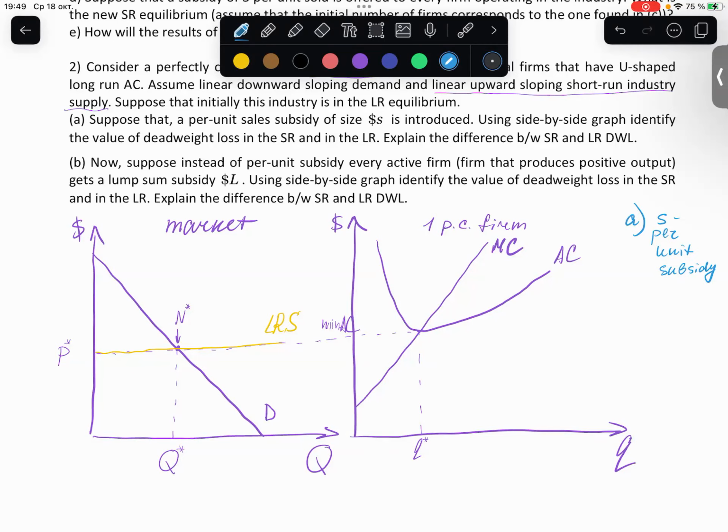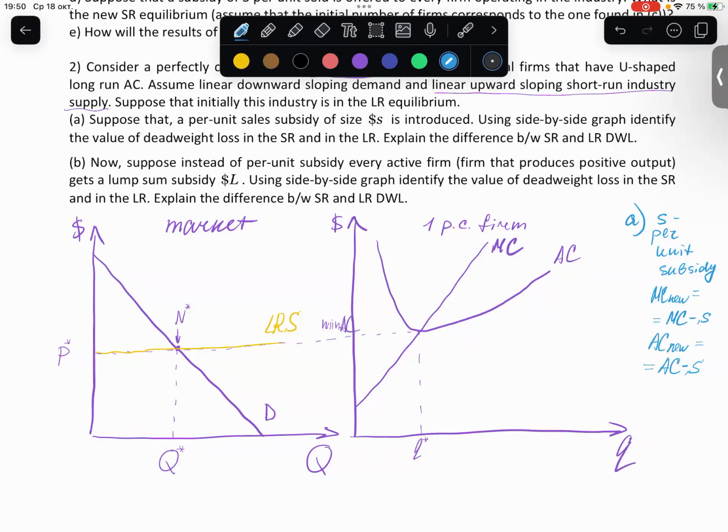What happens? If the per unit subsidy is introduced, each unit produced is now cheaper for our seller. So new marginal costs are old marginal costs minus this per unit subsidy, and new average costs are average costs minus the subsidy. So we shift both marginal costs and average costs down by this subsidy.